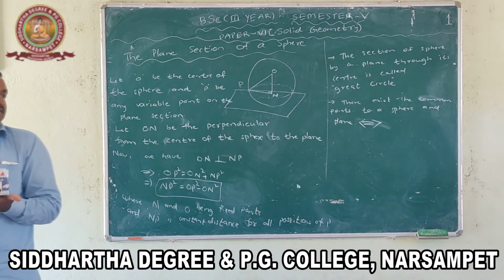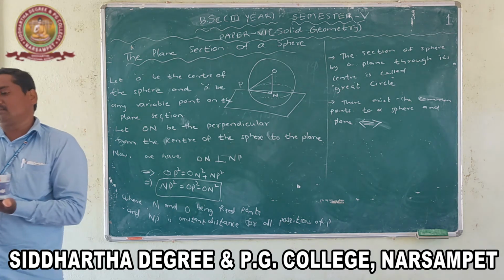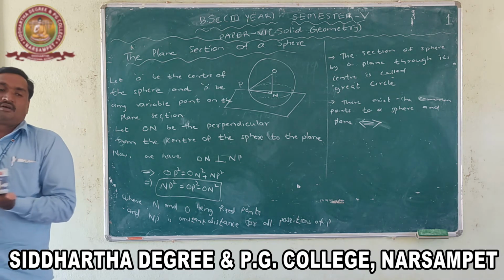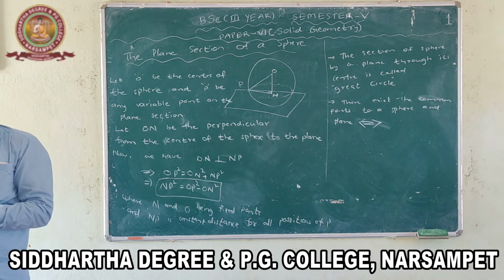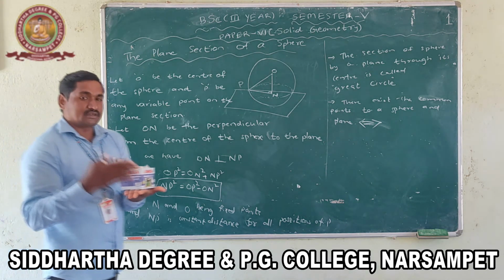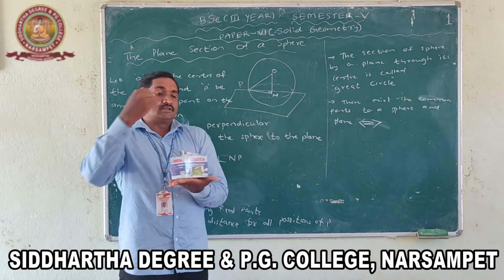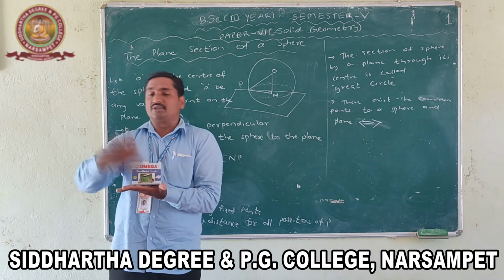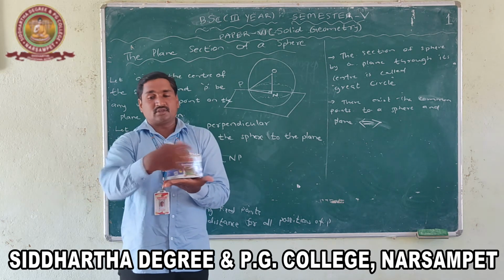If it intersects, the perpendicular distance from the center of the sphere to the plane is less than the radius of the sphere. If it touches the sphere, then the perpendicular distance from the center of the sphere to the plane is the same as the radius of the sphere.